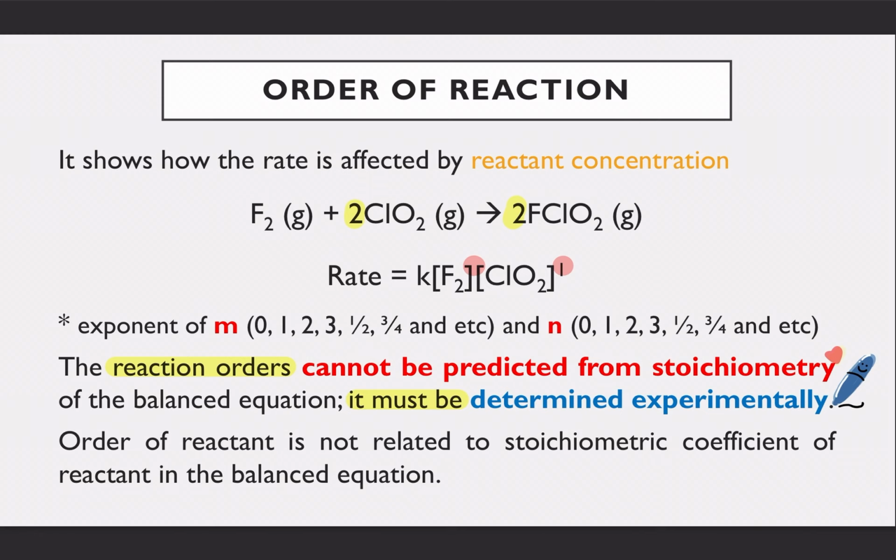So, the reaction orders cannot be predicted from stoichiometry. Like I said, it must be determined experimentally. So, you will be using your concentration data and your rate data given to find your order of reaction.